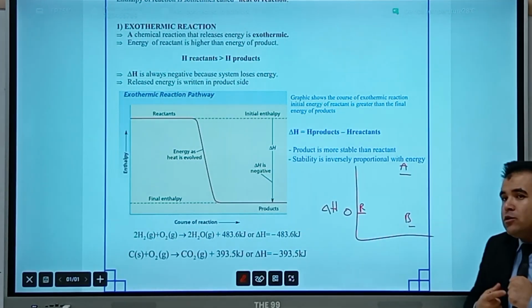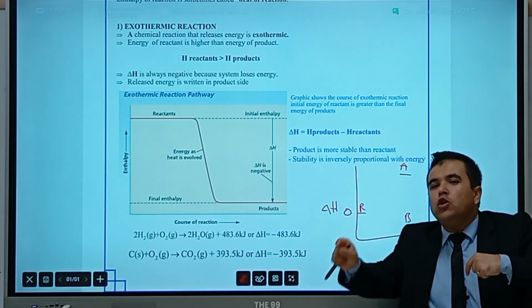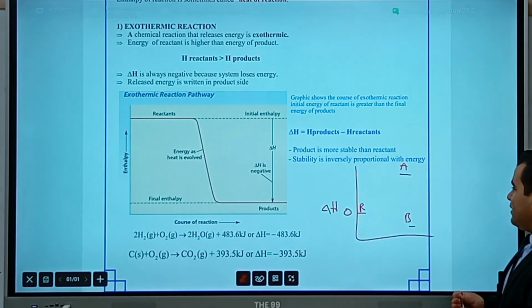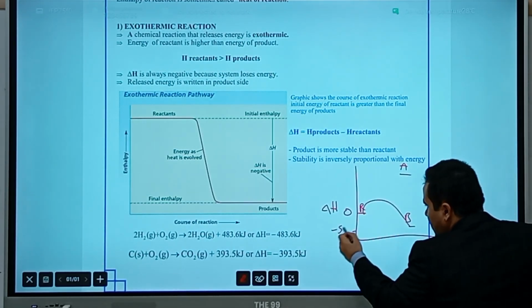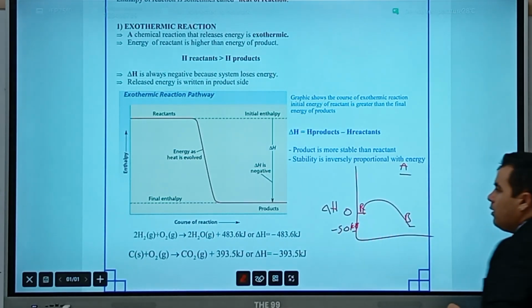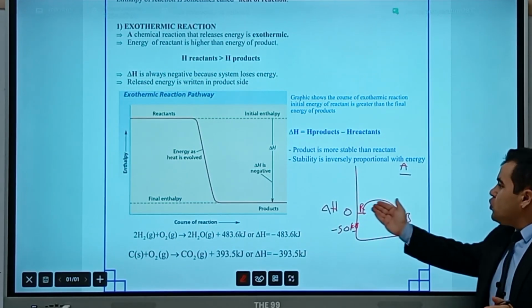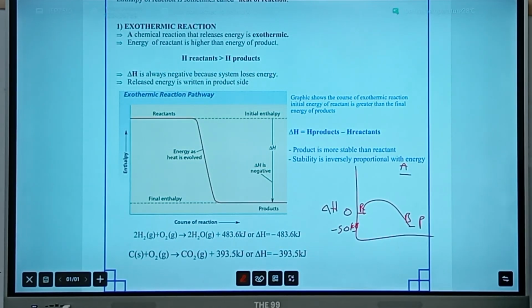So what will happen to the final position of energy? Of course, it must be lower than the initial. That's why B, minus 50 kilojoules, should be the correct answer. A lower position than the reactant. This will be the product position.